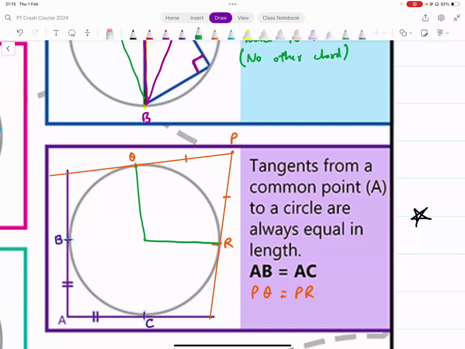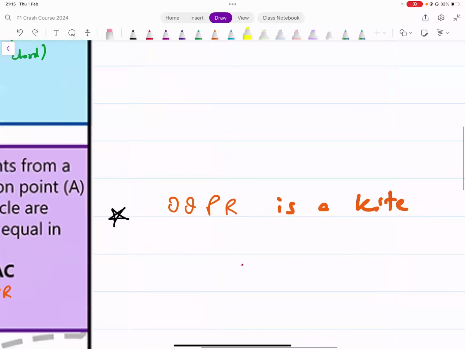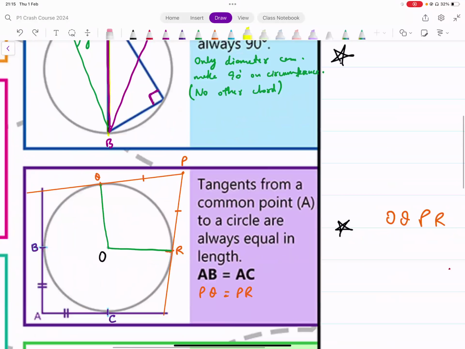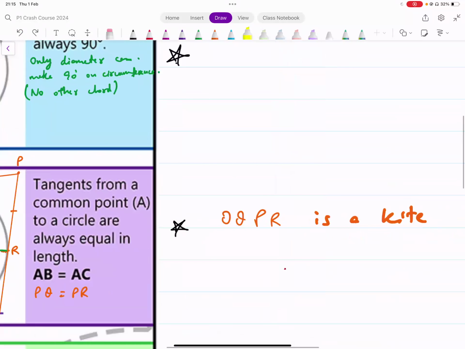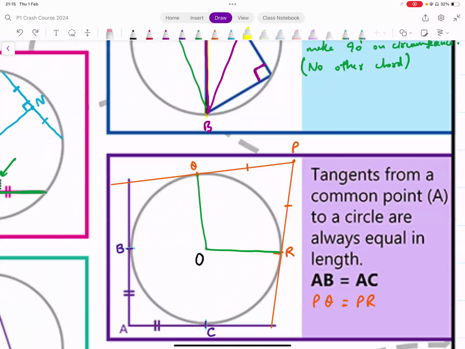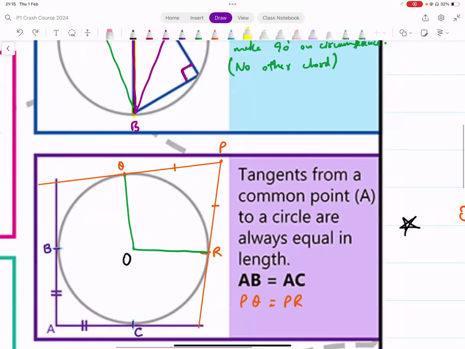Now, assuming the center is point O, then OQPR, this figure is always a kite. So all the properties that you have for a kite apply to this.